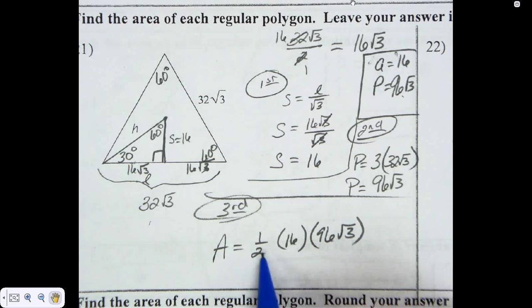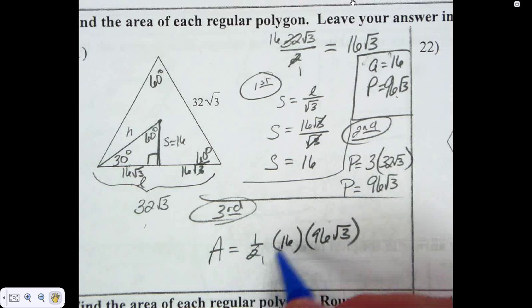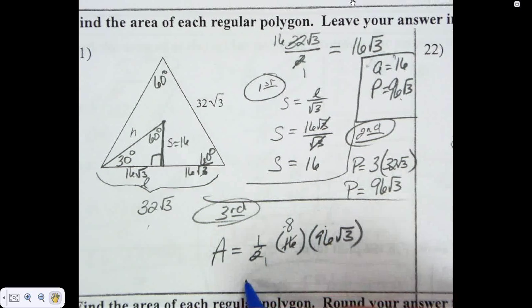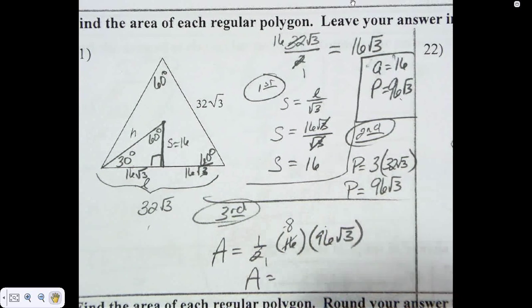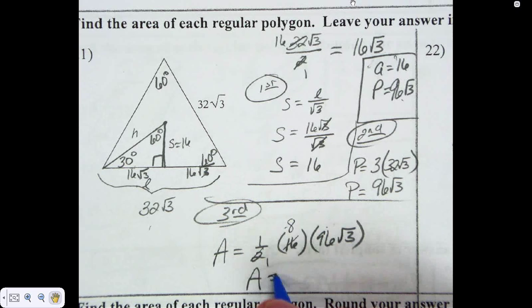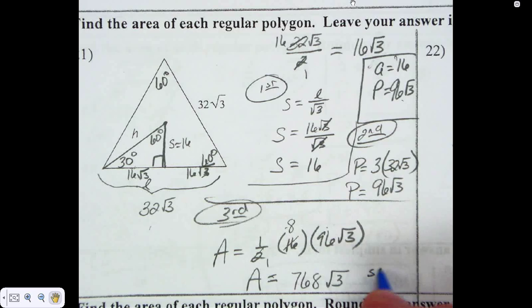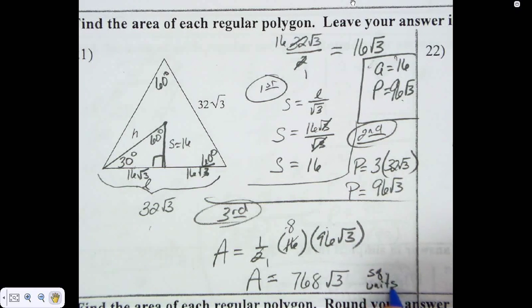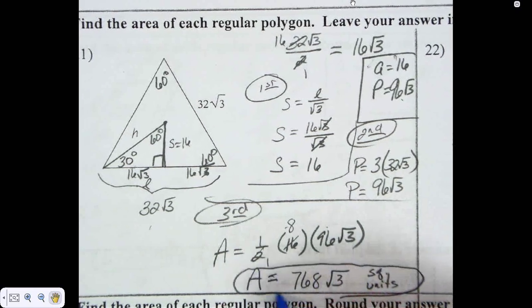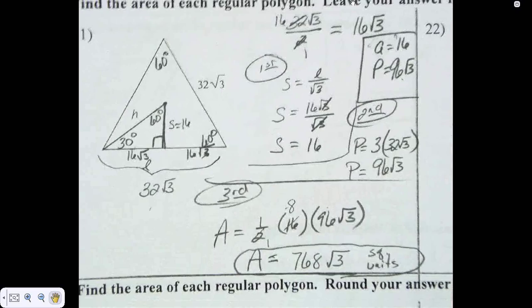What's half of 16? So 1 becomes 8. What's 8 times 96? 768. 768 square root of what? Square root of 3. Square units. Here's your answer. Because they wanted it in exact form, did they not?